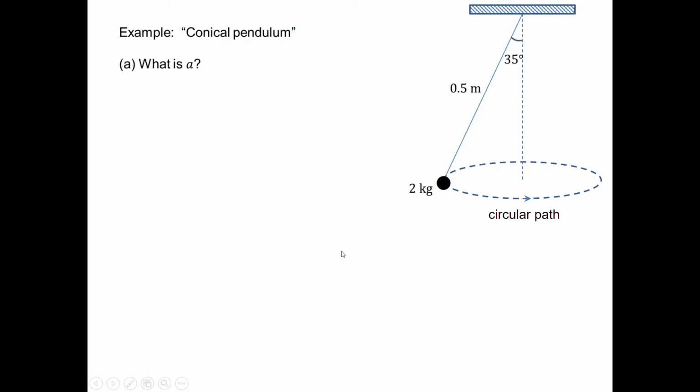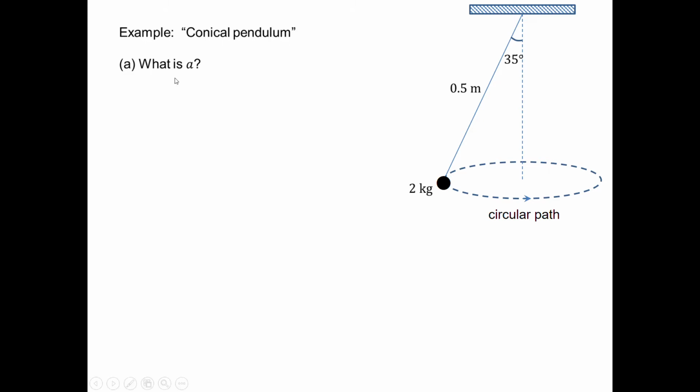The question we want to answer is, given some specific details about the setup, the mass has mass 2 kilograms, the length of the string is ½ meter, and the angle between the string and the vertical line going through the center of the circle is 35 degrees. Sometimes people will say that string is at 35 degrees to the vertical.